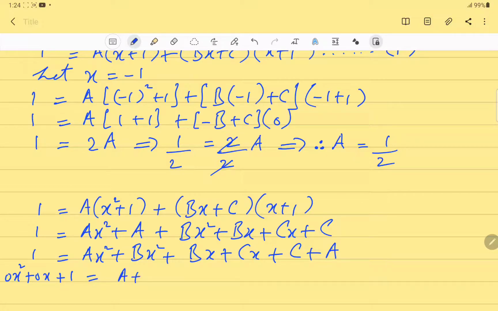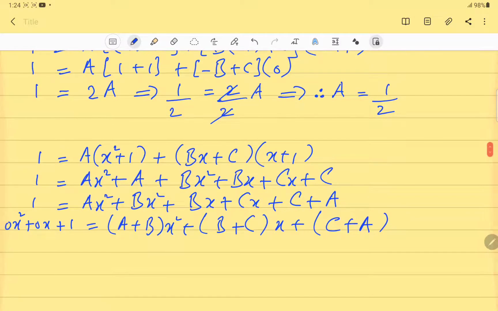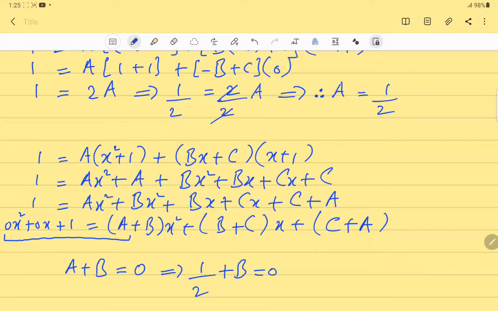Here we'll take x squared common, then in the next two terms we take x common, and in the last two there is no x involved in it. Now we will compare the coefficients of x squared on both sides, and we get an equation of A plus b is equal to 0. We already have the value of A, which is 1 over 2 plus b is equal to 0. So b comes out to be minus 1 over 2.